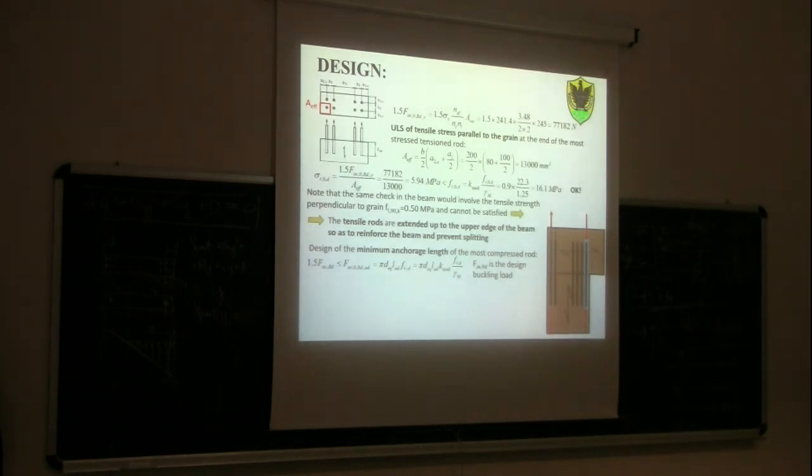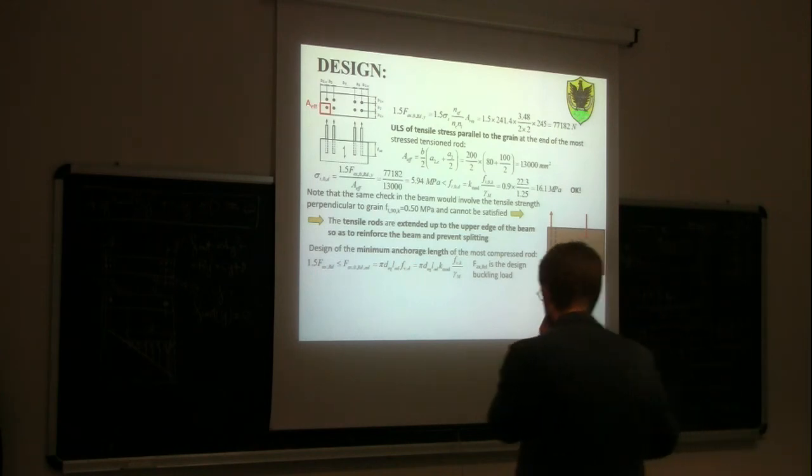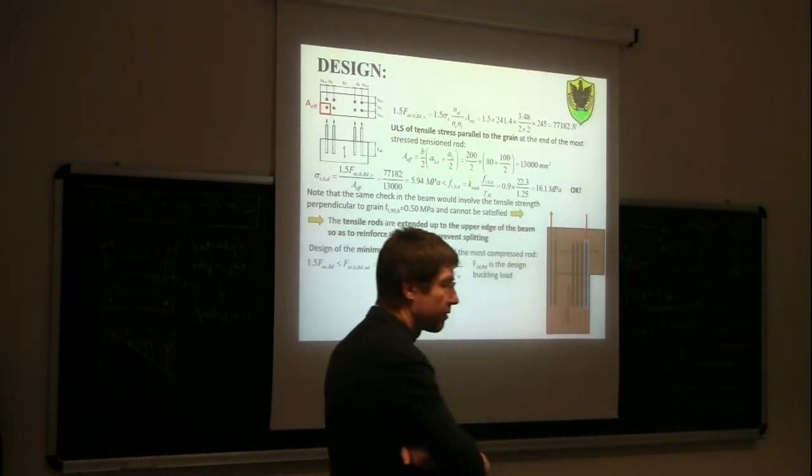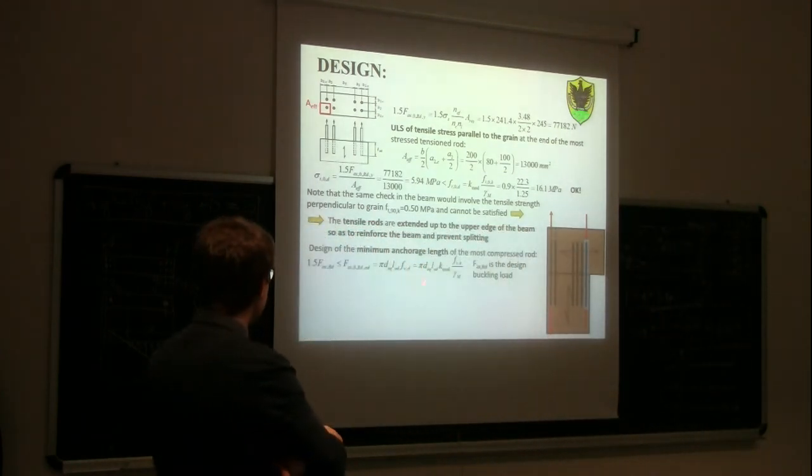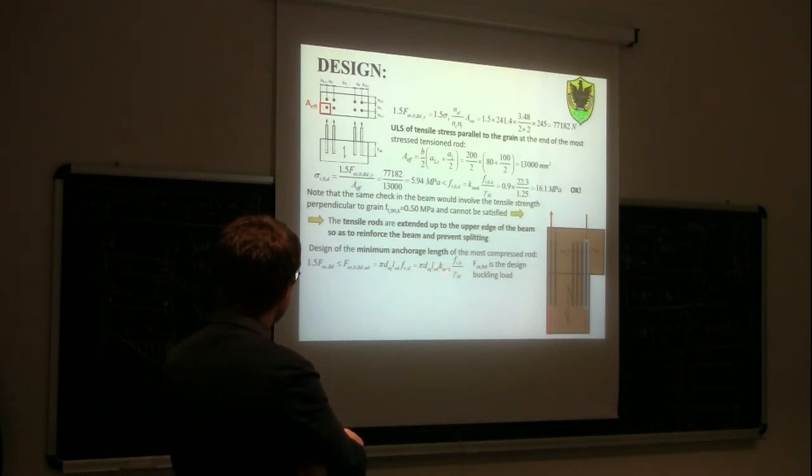So for failure of bond, we calculate pi times the equivalent diameter, which is basically the perimeter of the hole, times LAD, which is the bonding length, times FVD, which is the bond design strength. So FVD is K mod times FVK divided by gamma M. And so from this equation, we invert this equation to find the minimum bonding length.